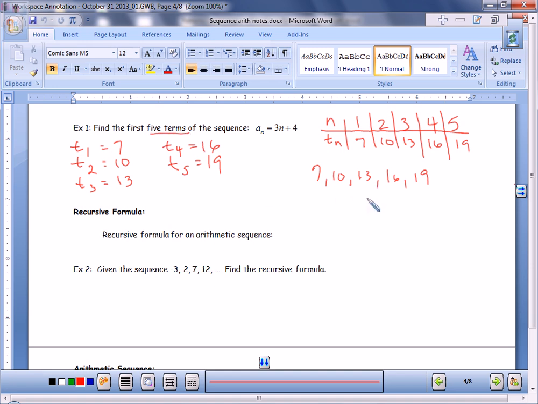All right, we have 2 types of formulas we can use. And the recursive formula is the one that's already in your brain.